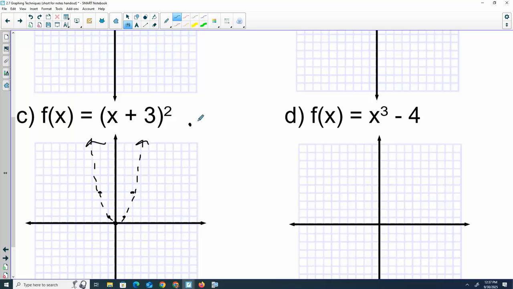So adding would actually move it in the negative direction, so it will go left 3. And our last one here. So the x cubed, what's that look like?